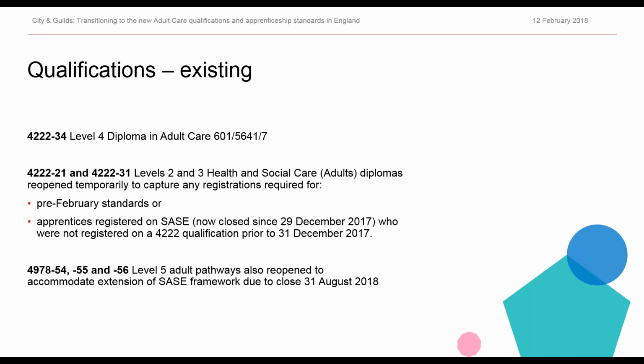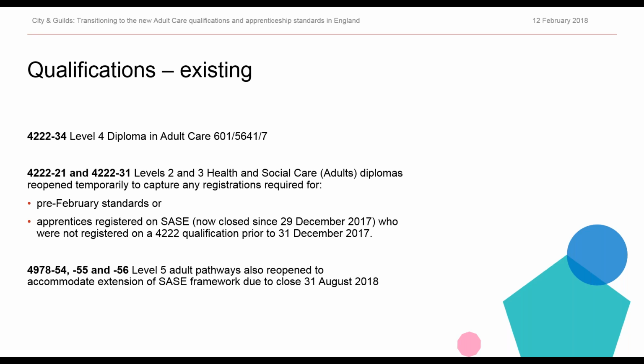Due to the delay in the publication of the revised standards, we did reopen these qualifications, and they will remain open temporarily to enable pre-February starts on the apprenticeship standards to register for the appropriate qualifications, and also to capture those apprentices who were registered on the SACE framework, which closed in December, who didn't manage to get registered on the appropriate qualification prior to their close in December.